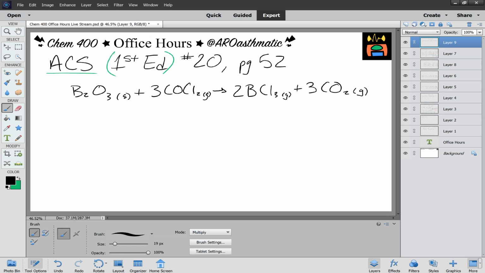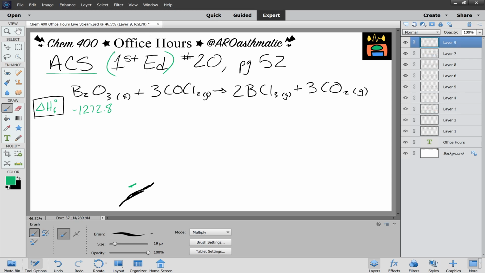So they give us those values, the delta H of formation for each of the following. For B2O3, diboron trioxide, it's negative 1272.8.